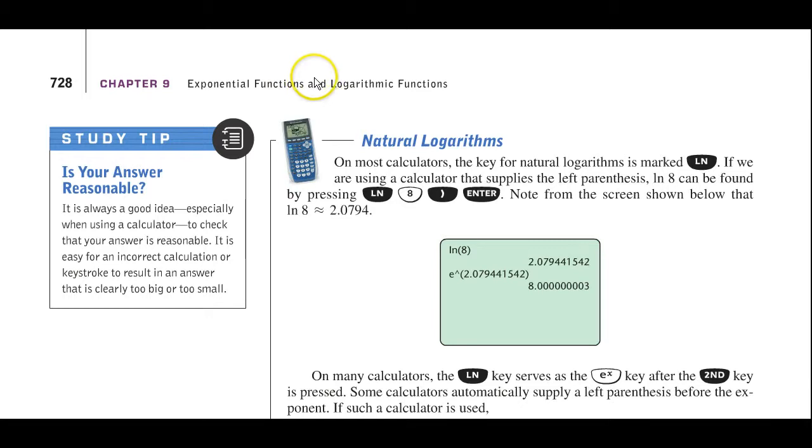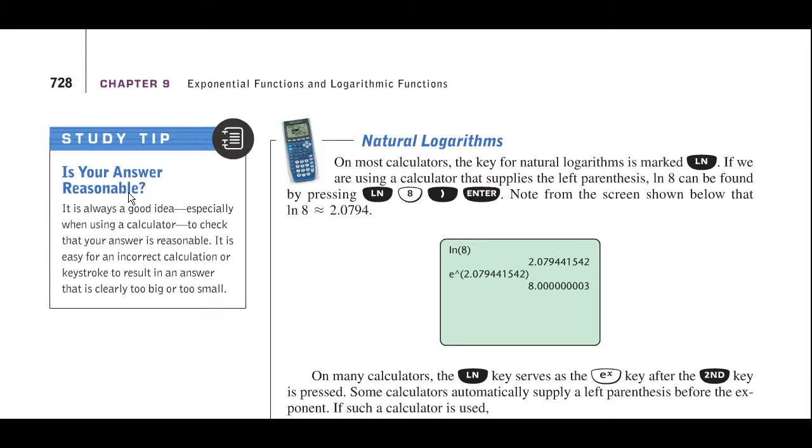Now, throughout this section, you're going to be pretty much required to use your calculator to figure these things out. Now over here they give us a student tip. Is your answer reasonable? If you were going to say 5 squared and you got an answer of 10,000, that's not reasonable.